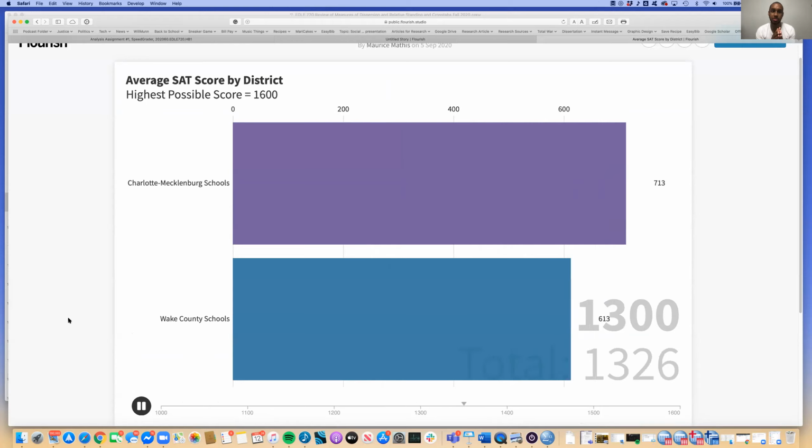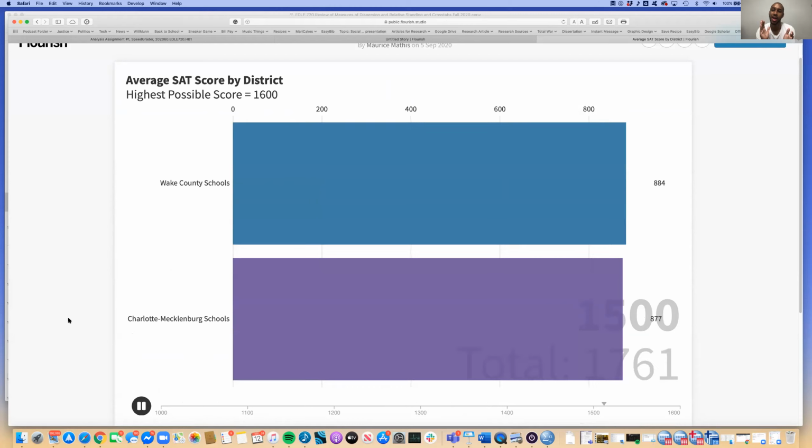It ends up showing that I think Wake County Schools overall has a higher average student SAT score than Charlotte Meck.